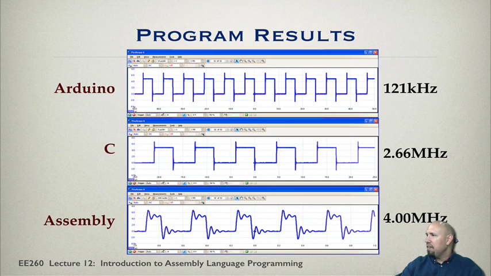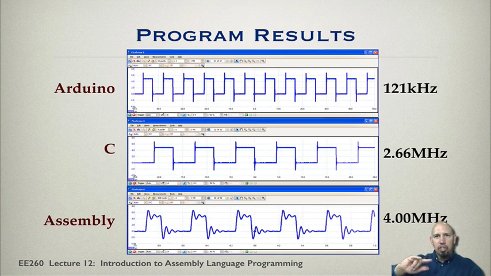And this is even faster, 4 megahertz. If you think about the clock speed of your Arduino, 16 megahertz, that's 16 megahertz divided by 4. That's pretty good. It basically takes 4 clock cycles to do 1 period, which you would expect.